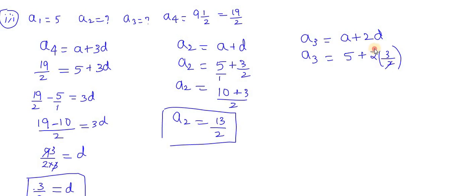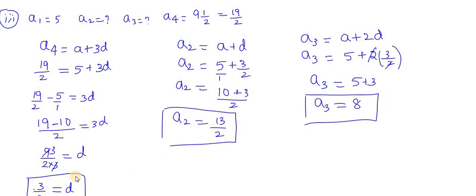Yes, so the 2 and 2 get cancelled here. a3 equals 5 plus 3, so a3 equals 8. I hope all of you understood. And a2 can also be written as 6 1 by 2. Okay, fine.